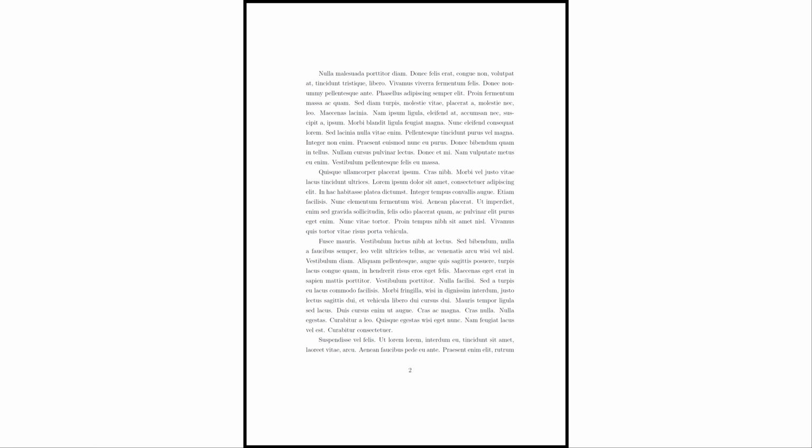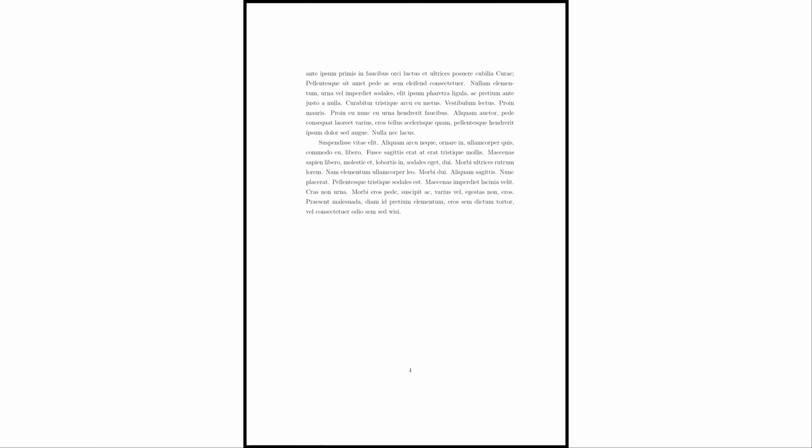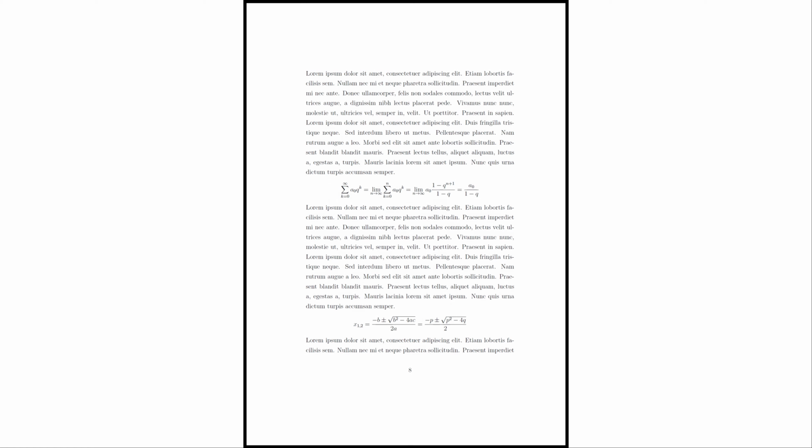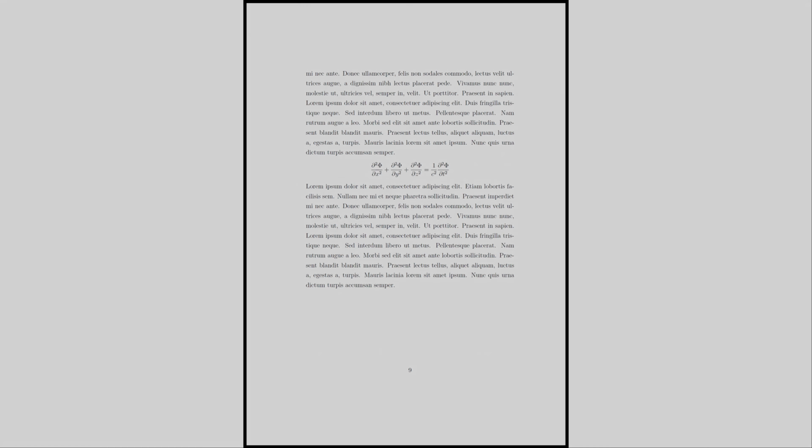Okay, and take a look at the final document one more time. Okay, and I hope this tutorial gives you a feel for why we use dummy text in our design layouts.